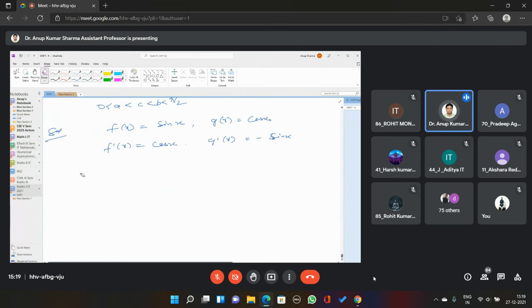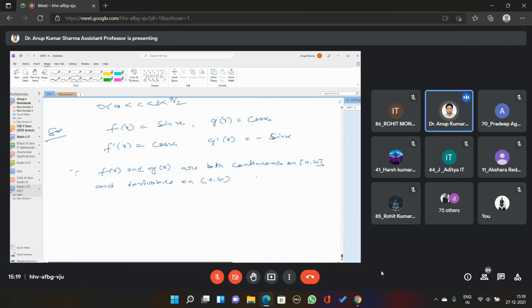Before we apply it, we have to check that f(x) and g(x), which we have defined, are both continuous on the closed interval [A, B] and derivable on the open interval (A, B), because they are sine and cos functions.